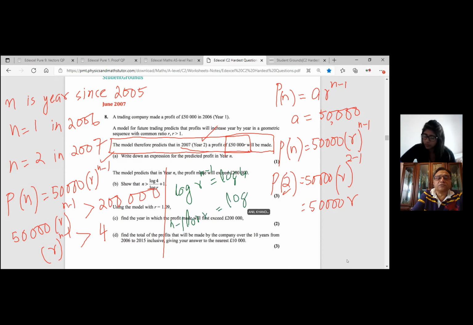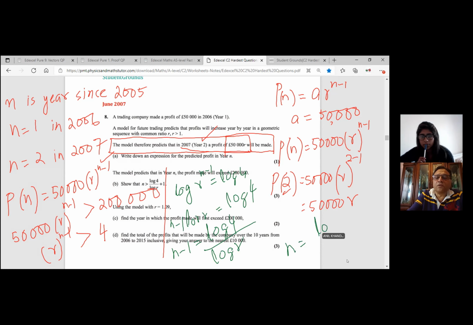So N minus 1 equals log of 4 divided by log of R. And therefore, N is equal to log of 4 divided by log of R plus 1. And that is what is written here. It's slightly messy, but I hope you understand the concept.